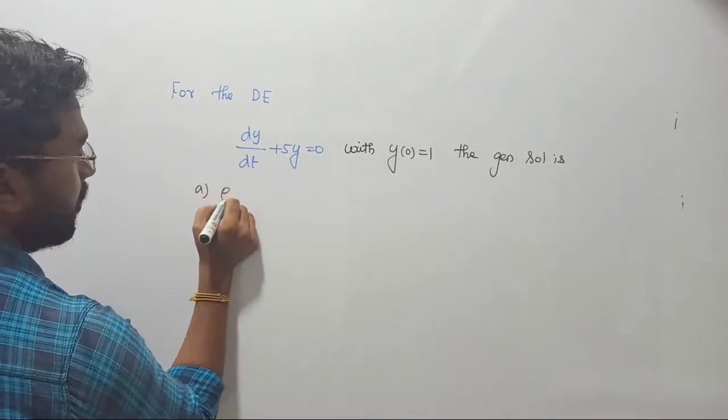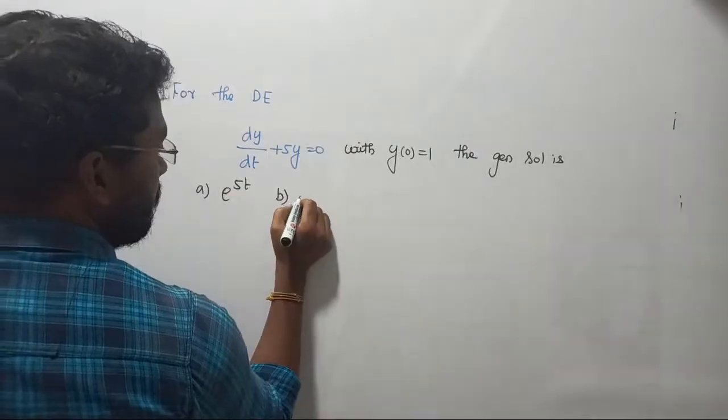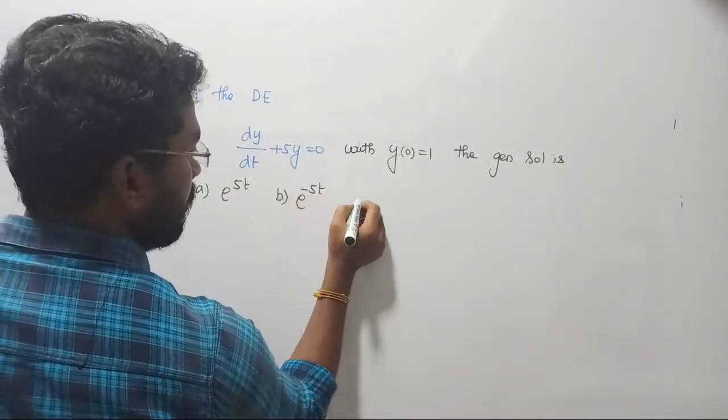Option A, e power 5 times t. Option B, e power minus 5 times t.